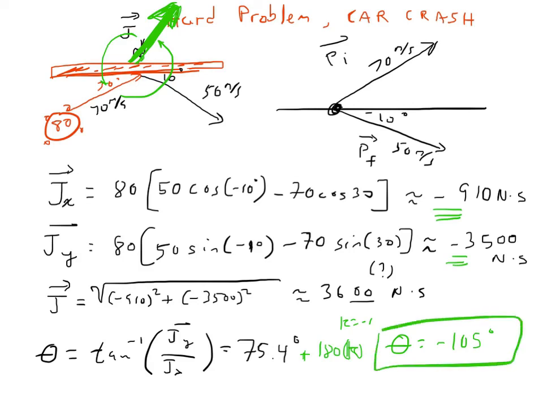And this angle makes a lot more sense in terms of the angle of the impulse delivered. That's in this direction, 180 degrees opposite of what we found. And an impulse in this purple direction makes sense because that's going to slow us down in both the x and y directions. Okay, there we go.